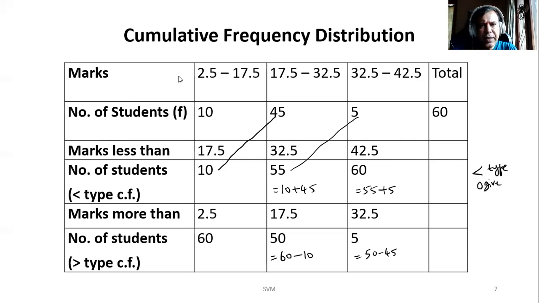Similarly, considering the class intervals on the x-axis and plotting the greater than type cumulative frequency on the y-axis, I will get the more than type ogive. After drawing these two ogives, the intersecting point of the two curves will give you the median, by drawing a perpendicular from the intersecting point to meet the x-axis. We get the median value graphically also. So that is about cumulative frequency distribution.